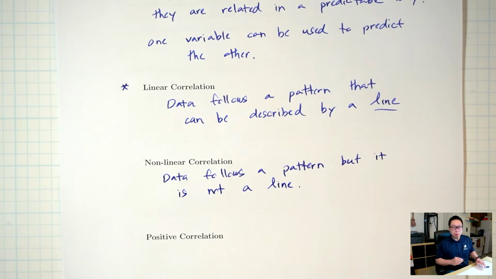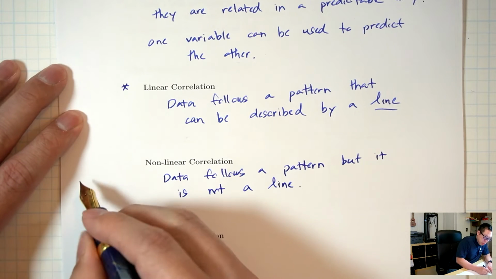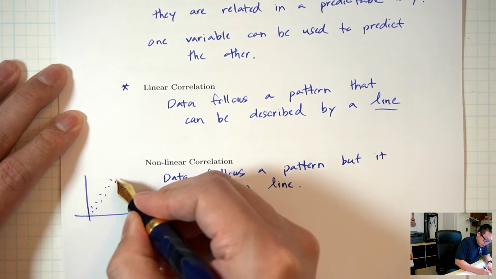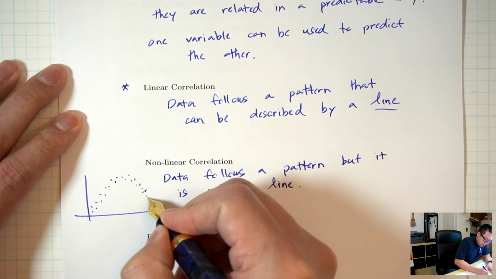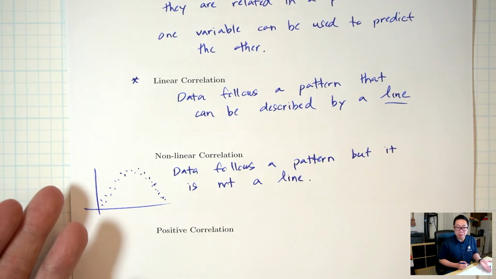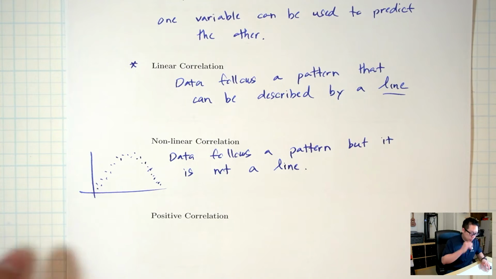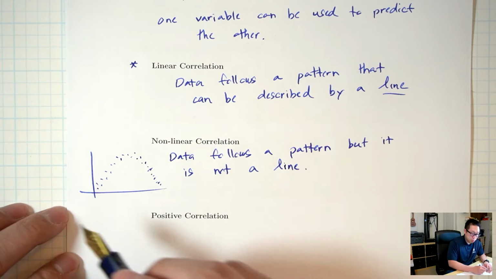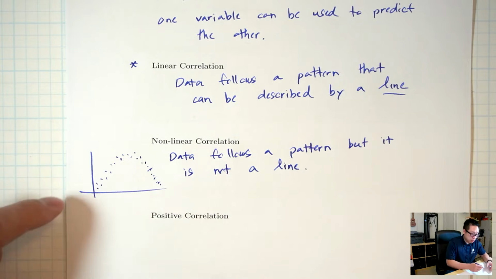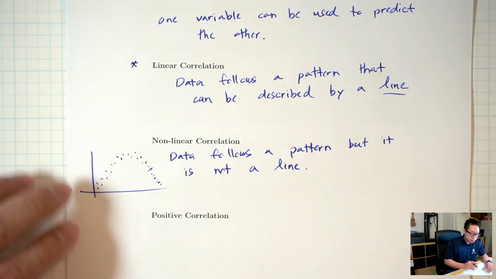Let me show you an example of a nonlinear correlation. The data follows a pattern, but that's not a line. For those of you who remember from algebra, that's a parabola, which is the graph of a quadratic equation. So this would be called a quadratic correlation.